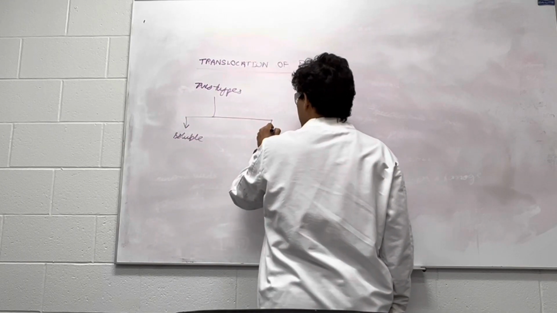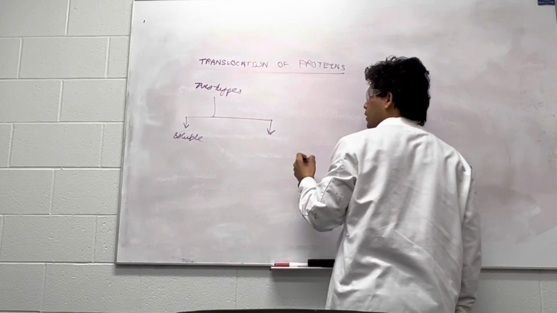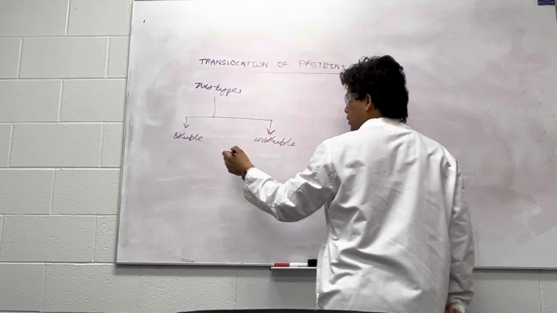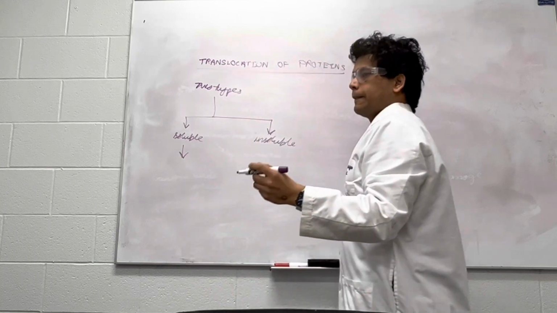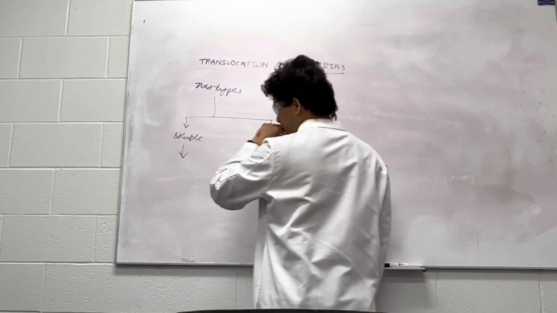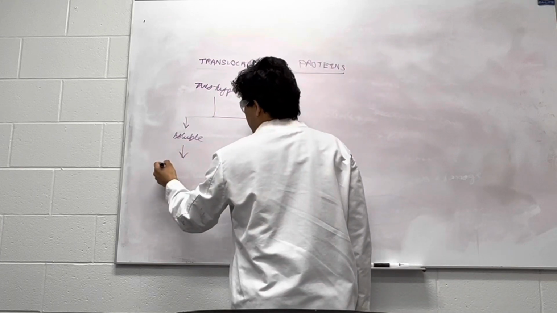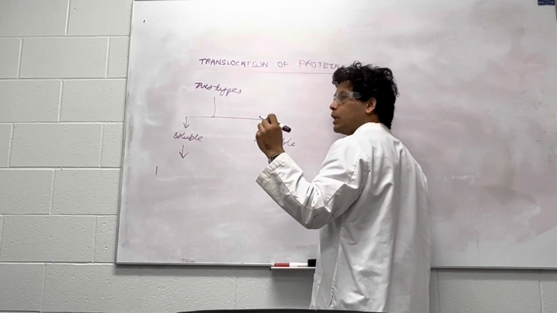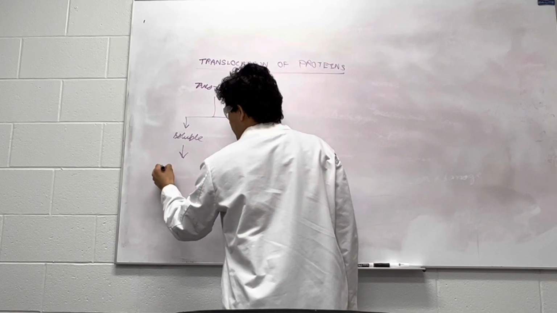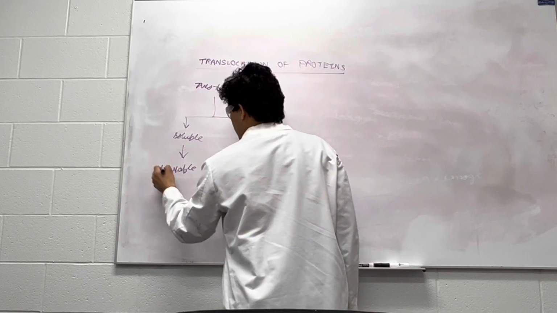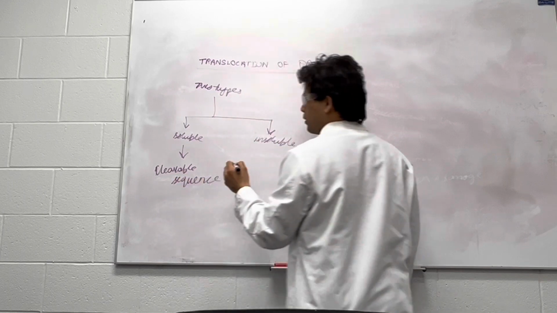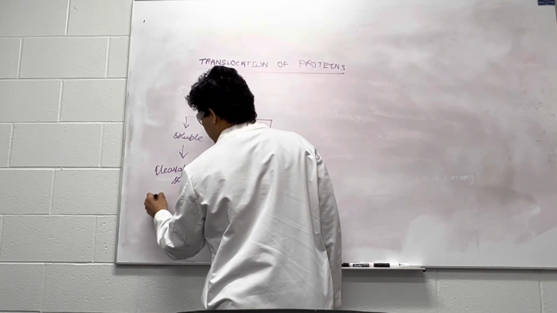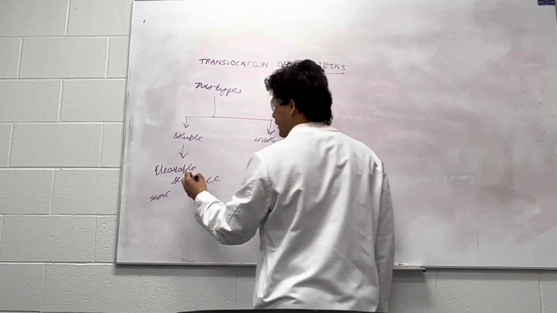and another is insoluble protein. The soluble protein usually has some cleavable sequence that helps it to pass through the membrane, and it has short hydrophobic ends near the N terminal.